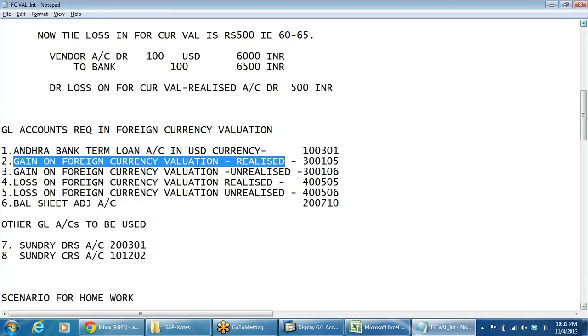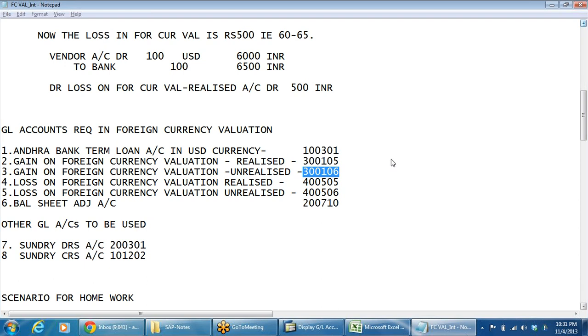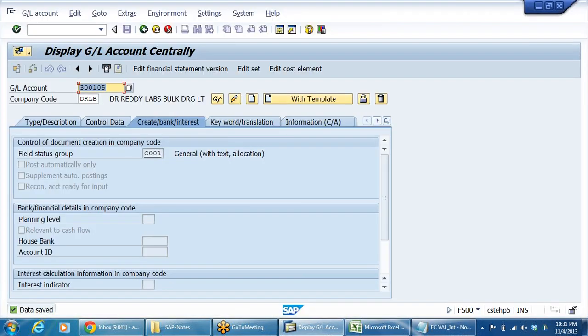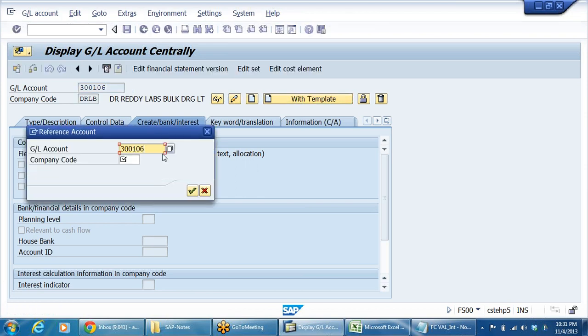Next is gain on foreign currency valuation unrealized, 306. Right. 306 I can create with a template; 305 I can copy it.